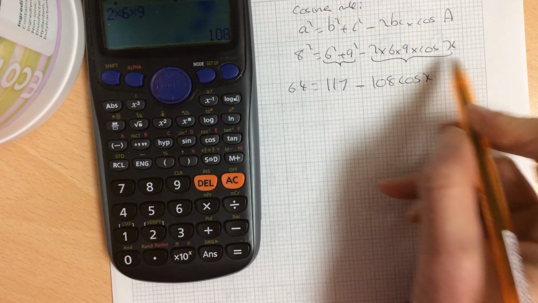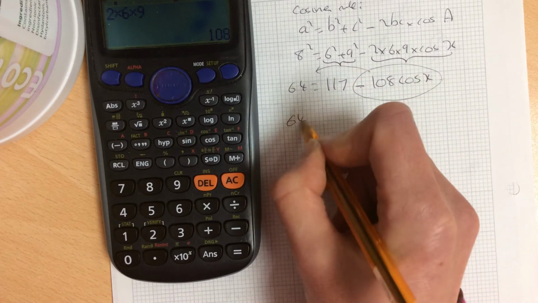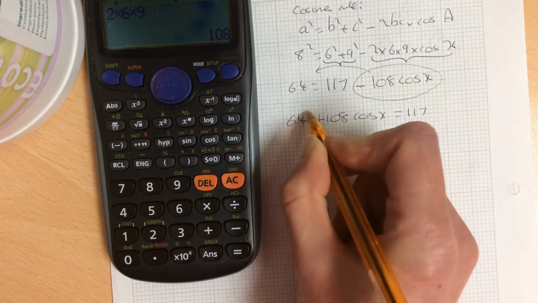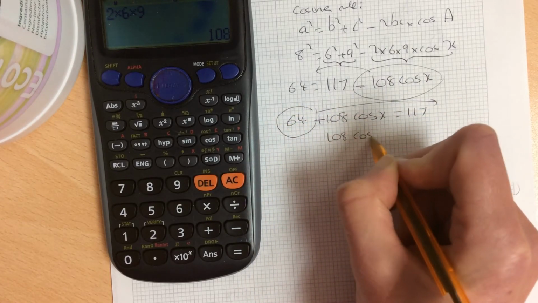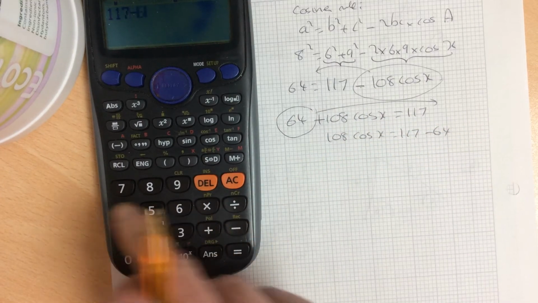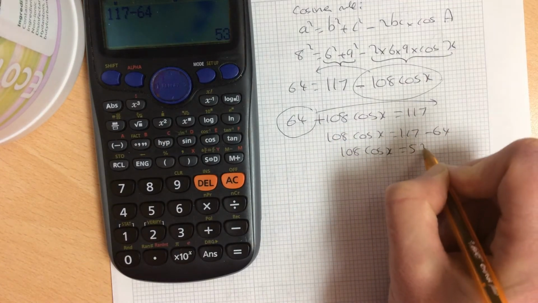See the way I've got a minus cos? Move it over so it becomes a positive cos. Move your numbers so you've got like letters on one side, numbers on the other. So 117 minus 64, you have 108 cos x equals 53.